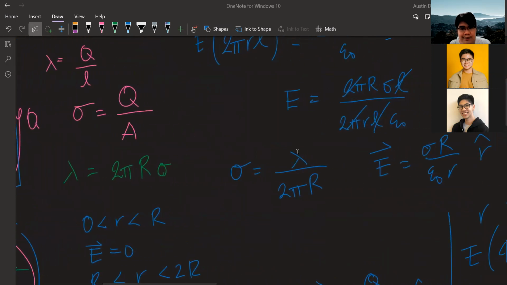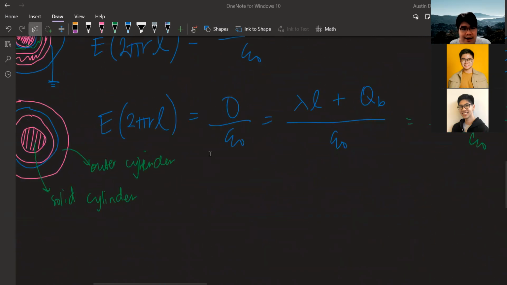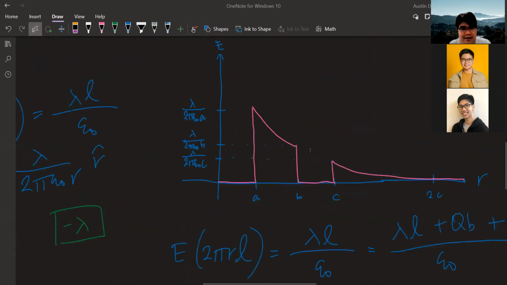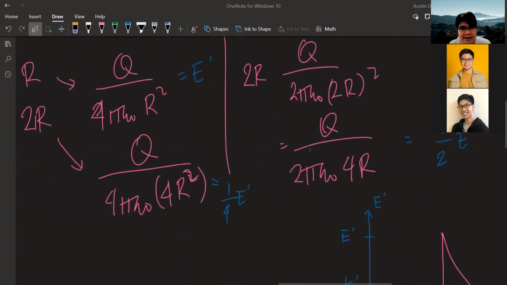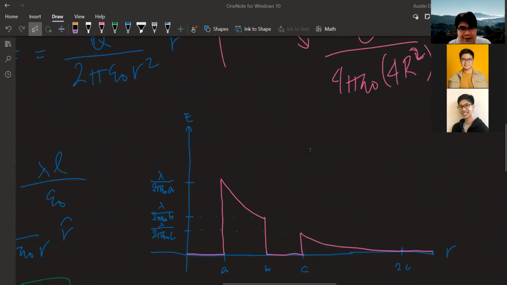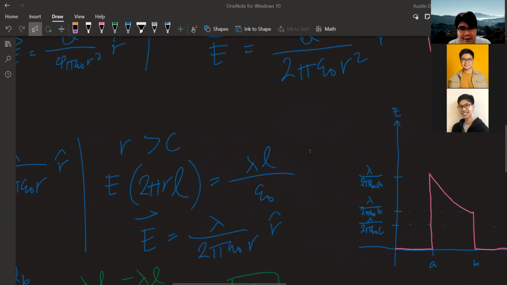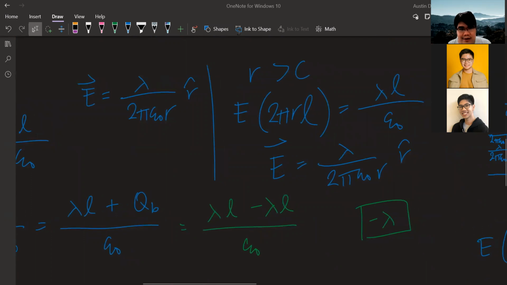Kuwari pag cylindrical ka, mahirap makita agad kung nasaan yung K kasi 2 pi r yung gamit mo. Sa final na sagot, it doesn't matter naman kung yung paggamit ng K is a matter of brevity para mas maikli yung sulat mo. But yeah, you can use it if you want.